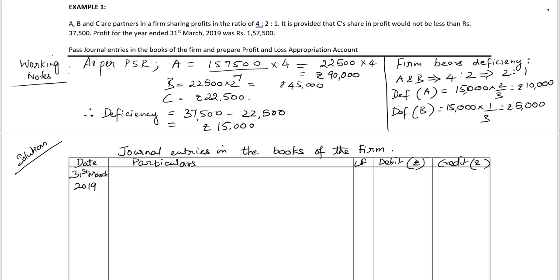The first journal entry, we need to transfer the profits of rupees 1,57,500 from the profit and loss account to the profit and loss appropriation account.